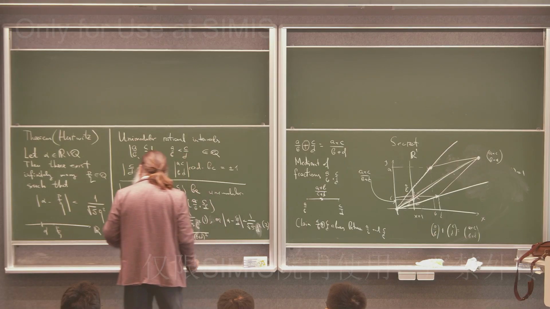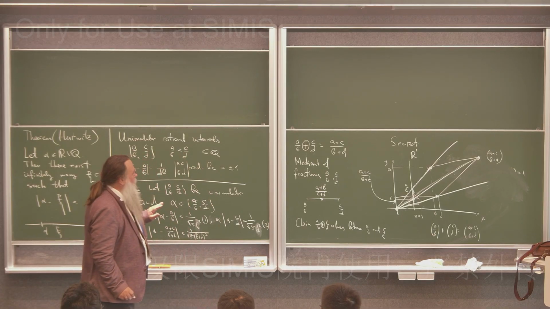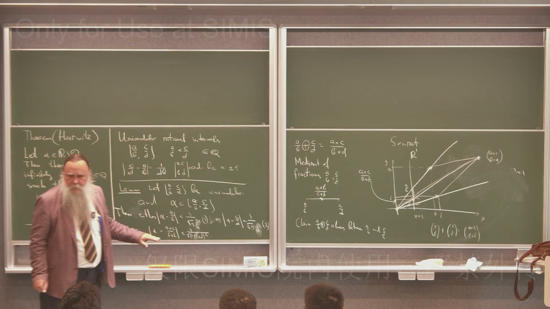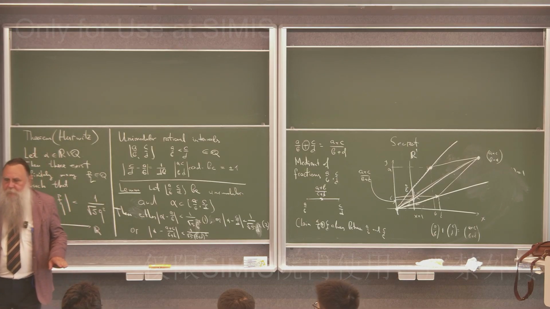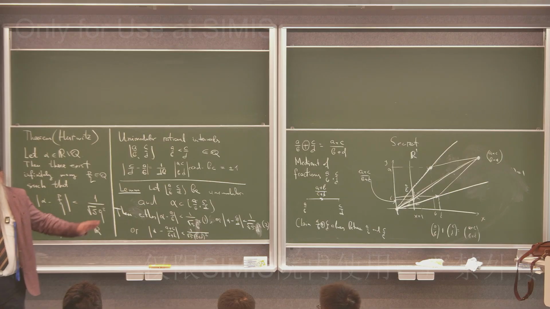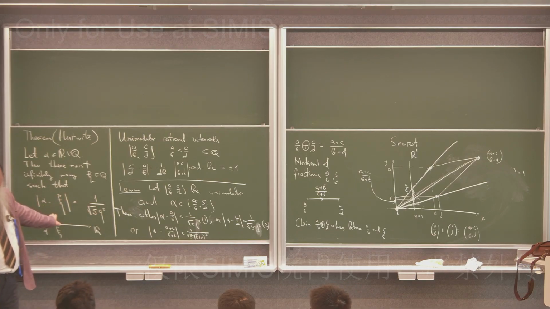So now I will give a proof of this lemma, and then by means of this lemma and something else, we produce an algorithm for how to get infinitely many solutions for rational alpha.